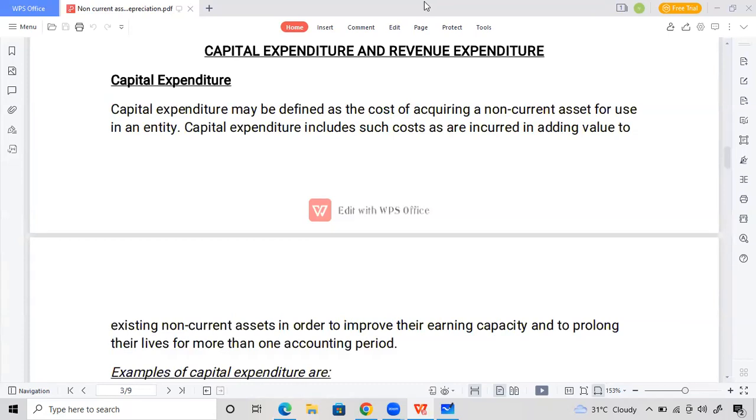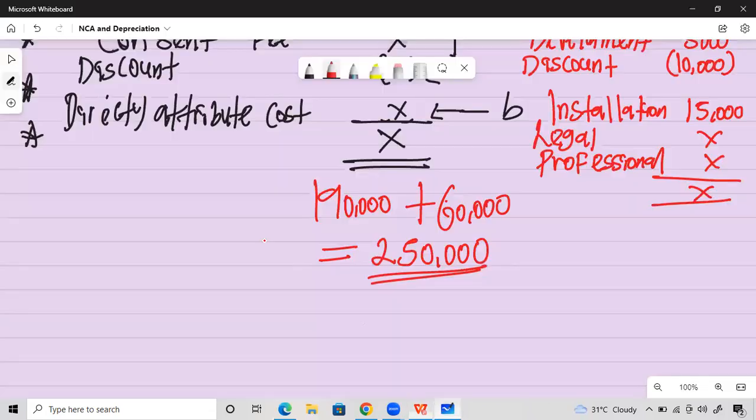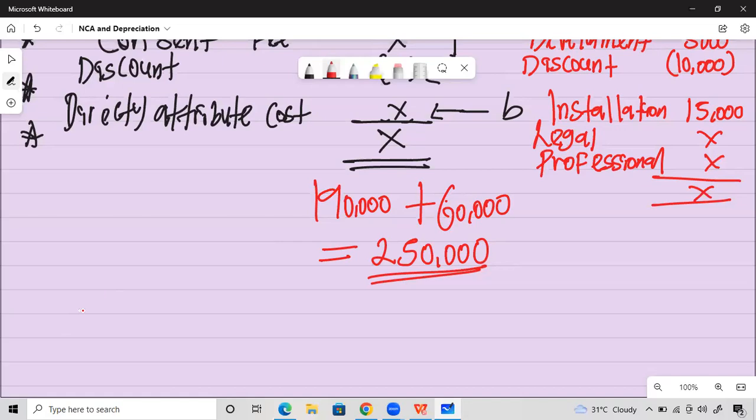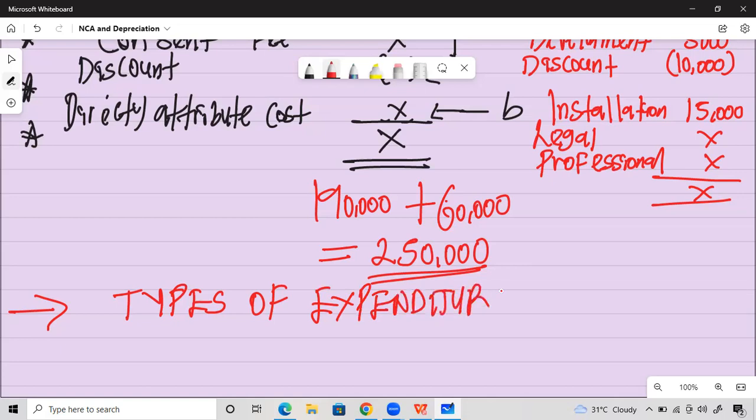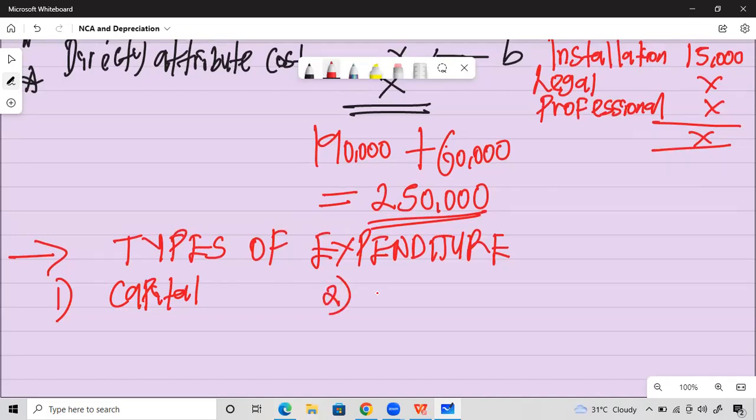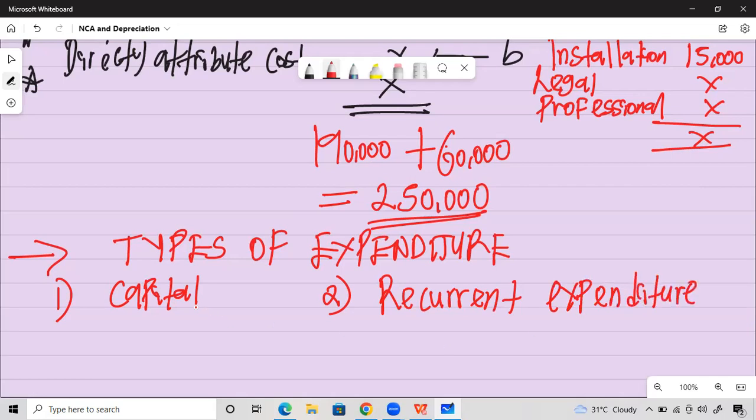Now, we have two types of expenditure. And I want to give you a simple logic behind these two.